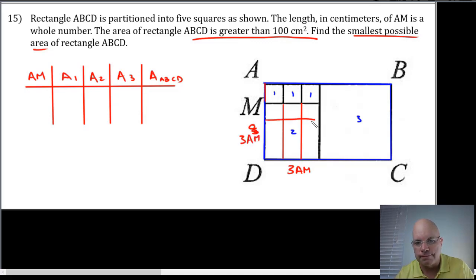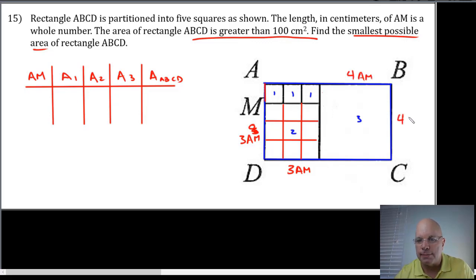Since I'm trying to make this perfect in this, since area 2 is also a square, so this has to be 3 by 3 like this. And then since we have 1, 2, 3, 4 AM across here, this must be 4 AM.